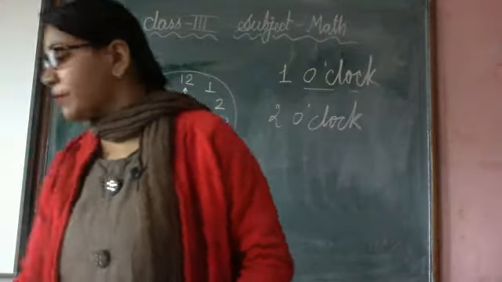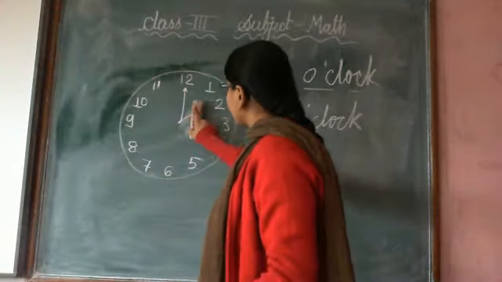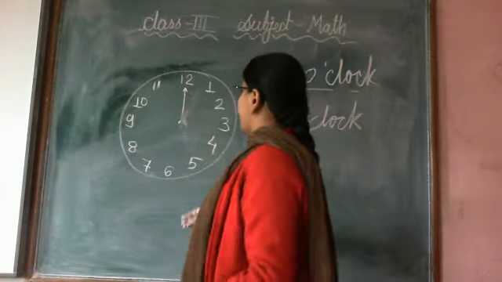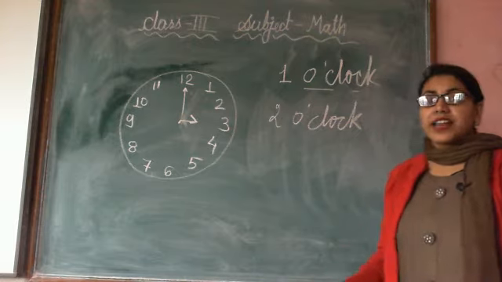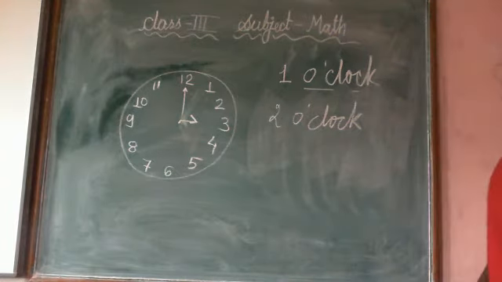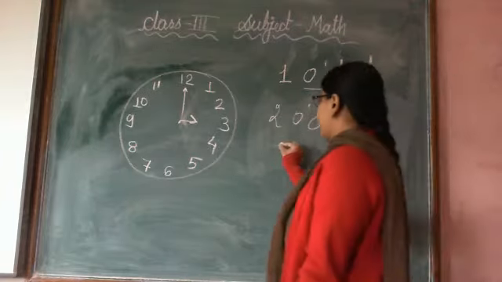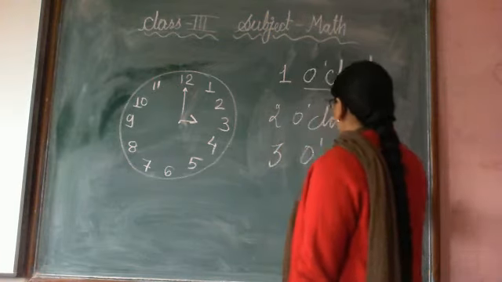Now once again the minute hand is at 12 and the hour hand is at 3. Then what will the time be? Think about it. Very good. The time will be 3 o'clock.